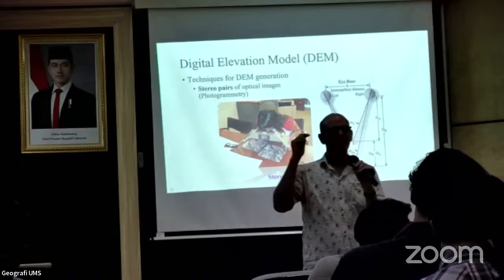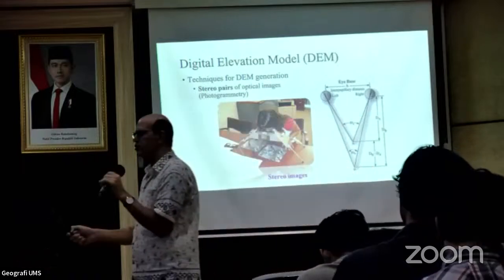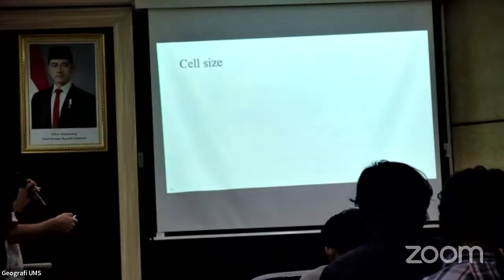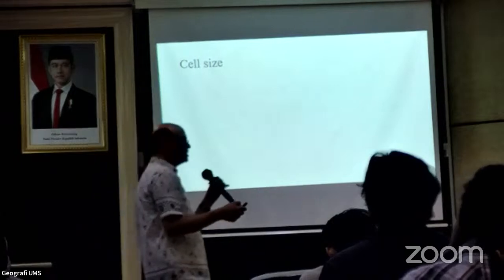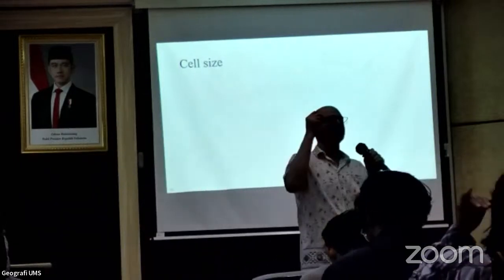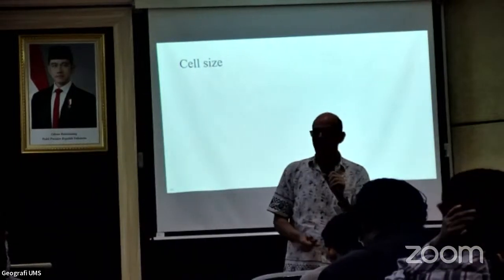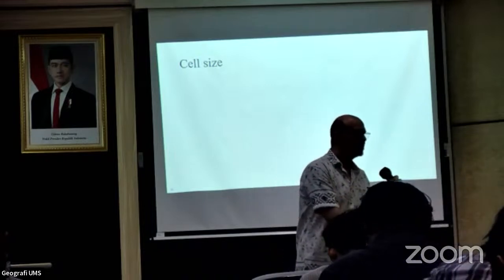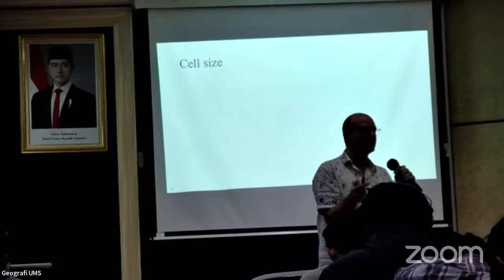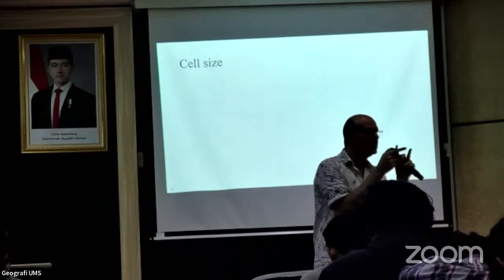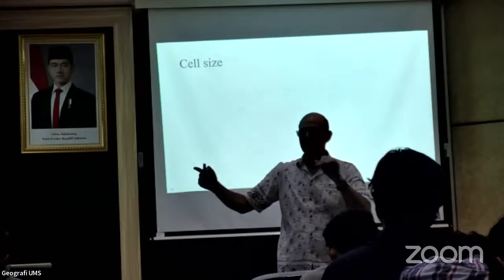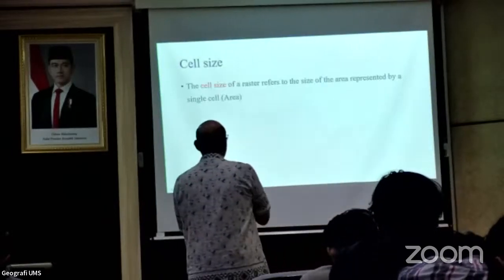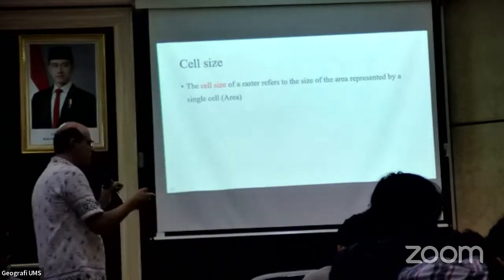Here I provide a digital elevation model of the highest resolution. This is a matrix with a numerical value in it, and cell size. In a raster data set, cell size gives you an idea of your spatial resolution. You can have a small cell size or a large cell size, and that relates to scale.